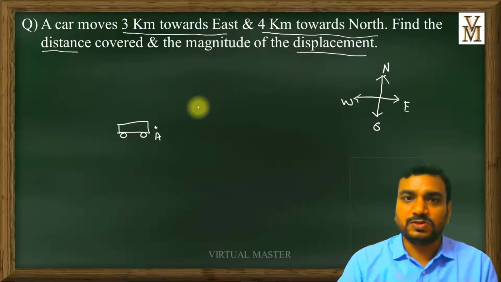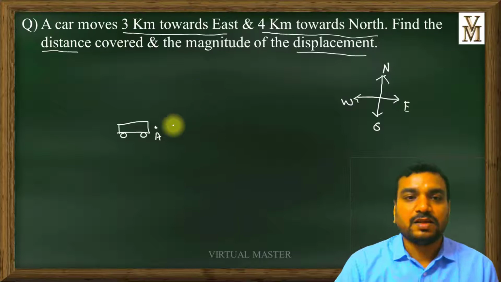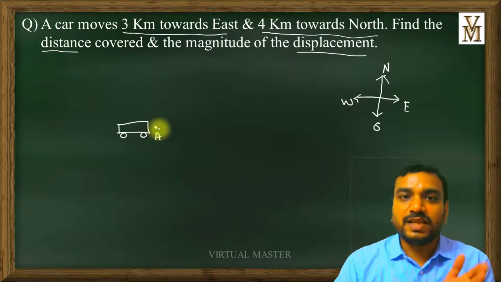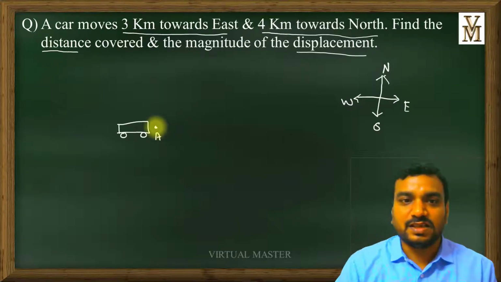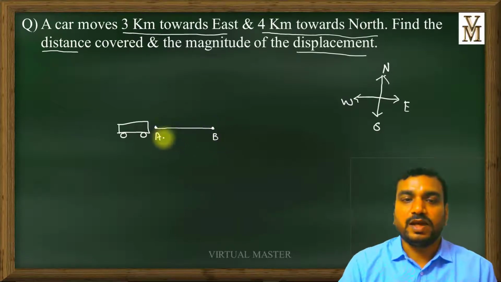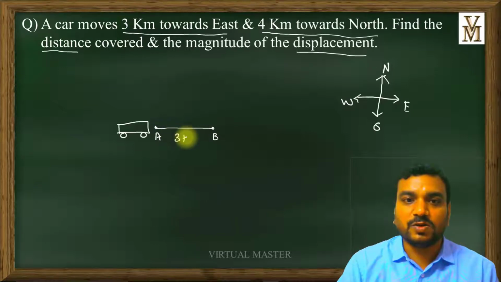Now the car starts moving 3 kilometers towards east. I will call this point B, and the length of AB is 3 kilometers.